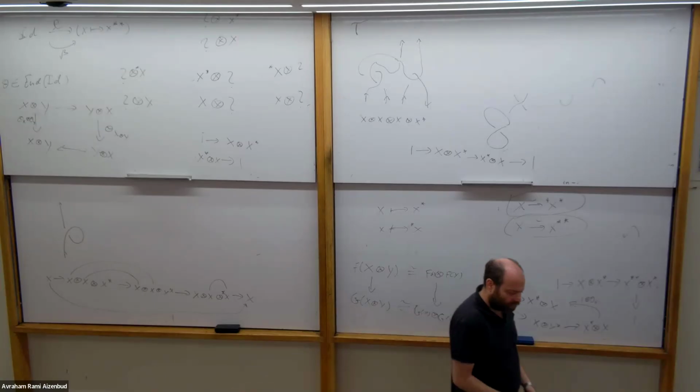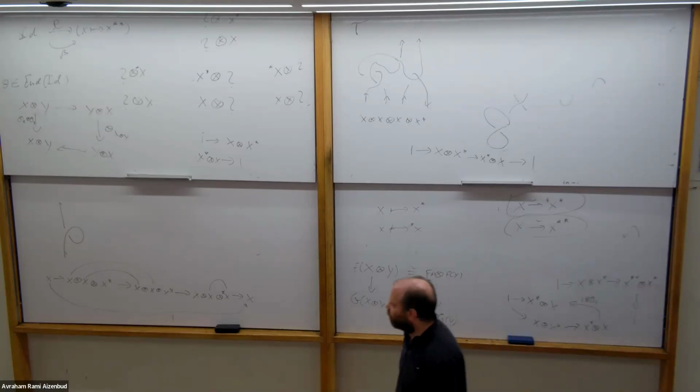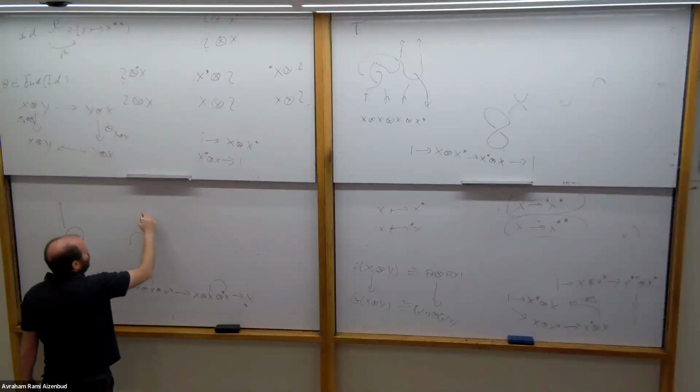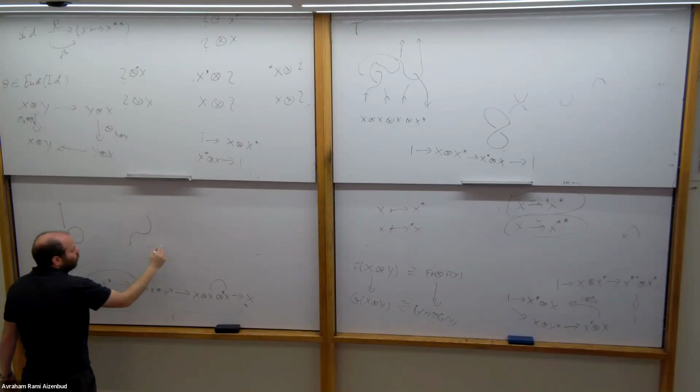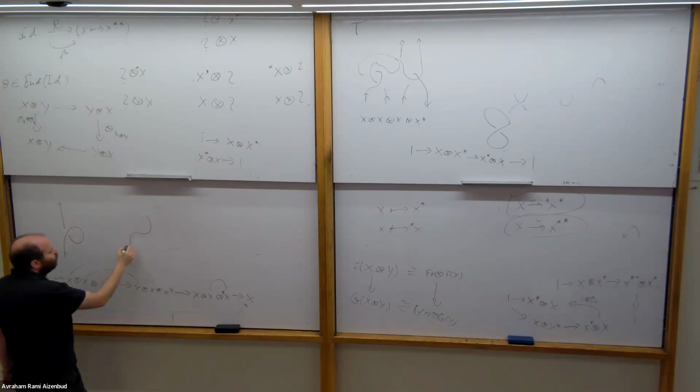So what is the correct answer? The correct answer is framed tangles. So what is framed tangles on the topological level? It also starts with points and goes upstairs, but with additional structure of framing. What is framing?